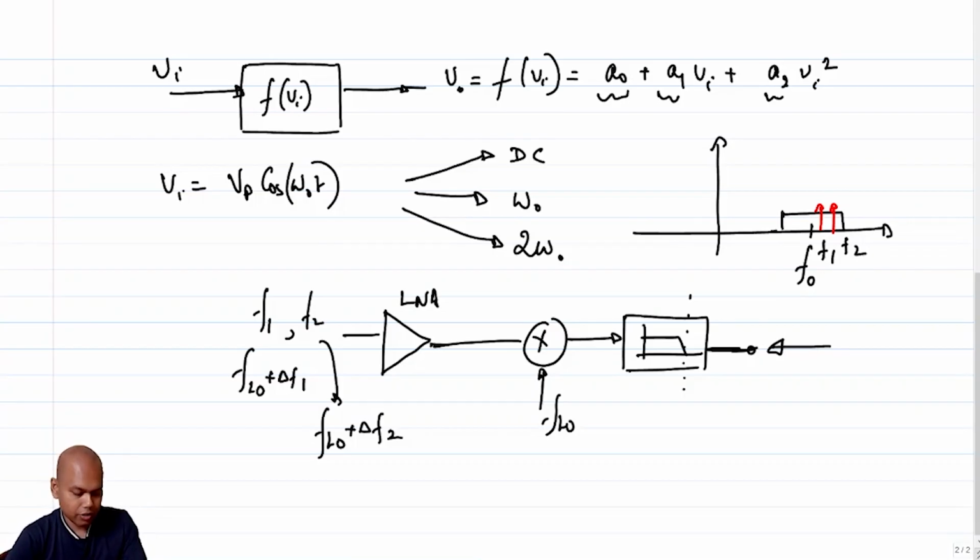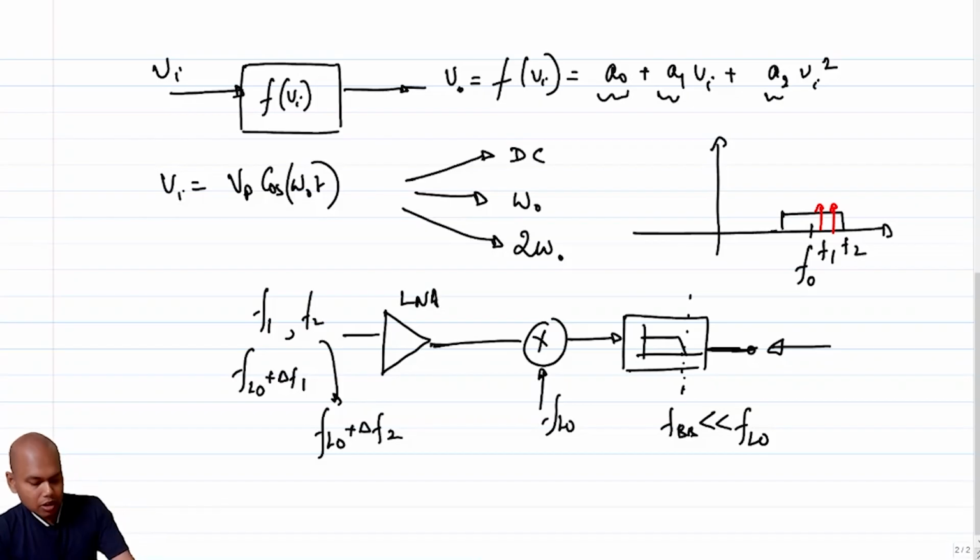Now in this context, if you send in a monotone signal at, let's say, FLO, the distortion component due to second order distortion will be a second harmonic of FLO, that is twice FLO, and that will be way out of band. Let's say I call this FBP, which is much less than FLO.